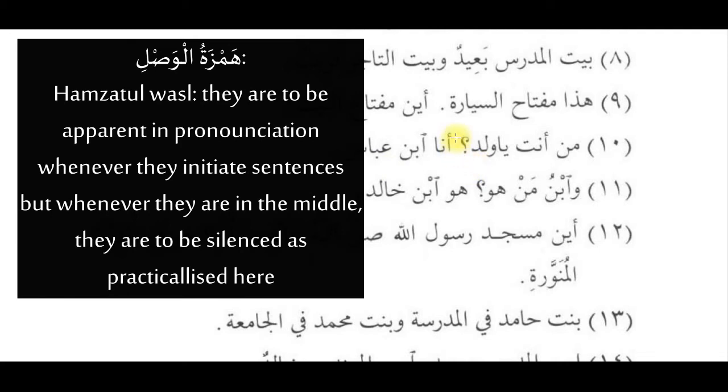I want you to take note of something. Names with this kind of alif, this kind of symbol in particular, whenever they are in between words, they will be eliminated, they will be silent. You will regard them as if they were not there.